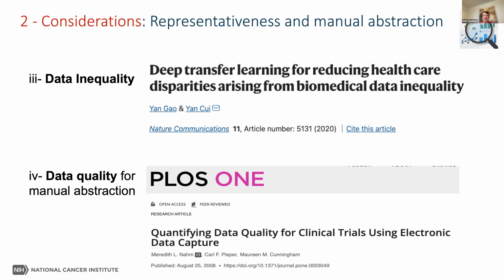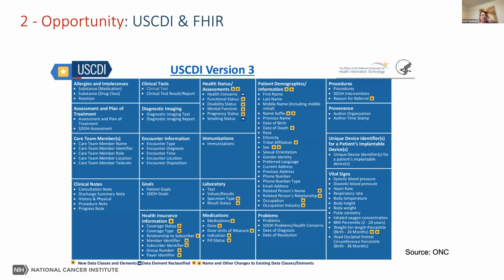So given those challenges, what are the opportunities? Of course, I'm sure many of you have heard of the USCDI, currently version 3, and version 4 is coming soon. That indicates some of the data classes that ONC is requesting EHR vendors and health systems to support through API.